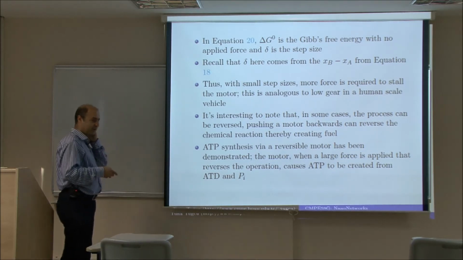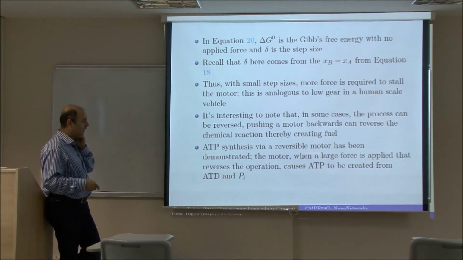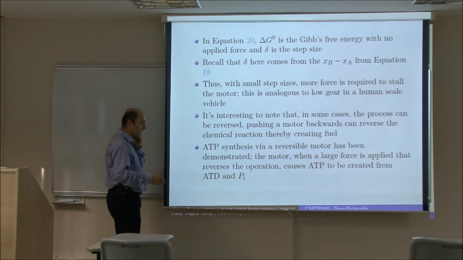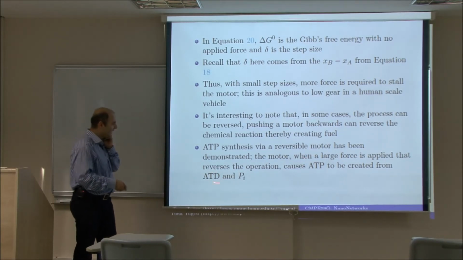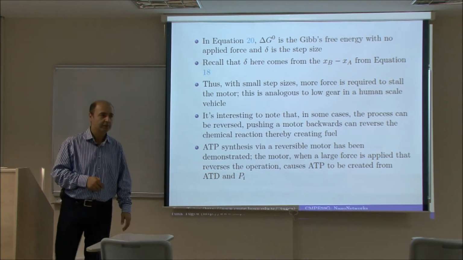There are also such cases. So ATP synthesis via a reversible motor has been demonstrated, and when a large force is applied that reverses the operation, it causes ATP to be created from ADP and phosphate ion.